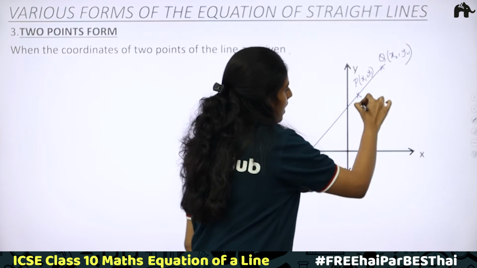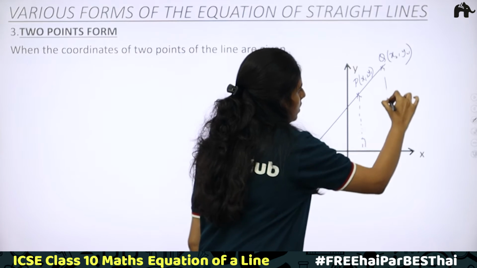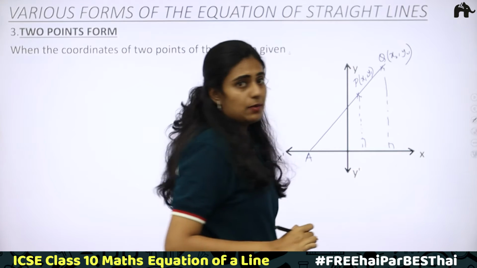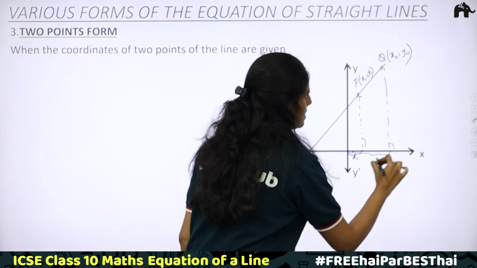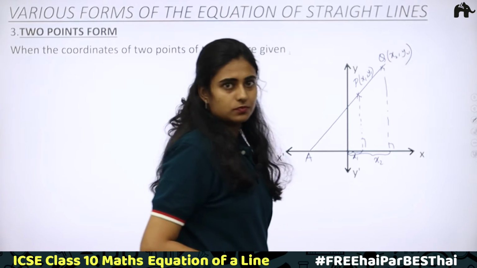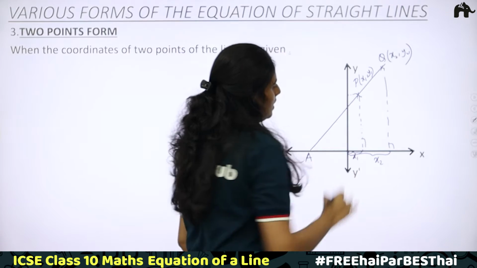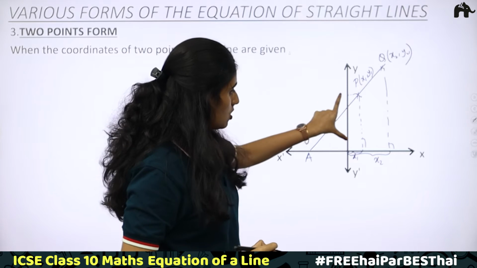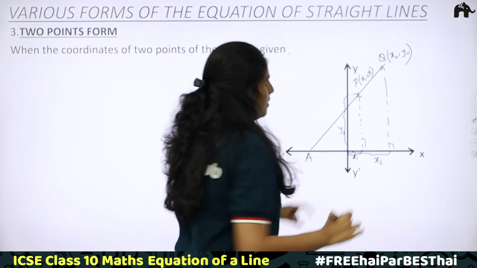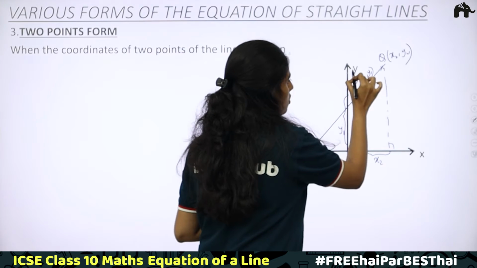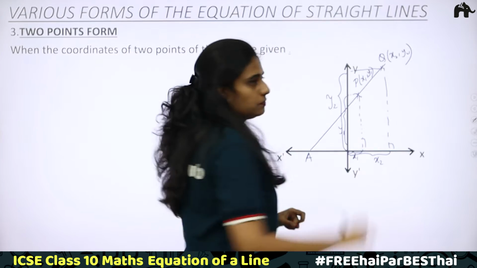Now, when I draw perpendiculars from point P and point Q, I will get this distance as x1 and this whole distance as x2. Similarly, drawing perpendiculars to the y-axis, for point P this total distance will be y1, and for point Q this total distance will be y2.